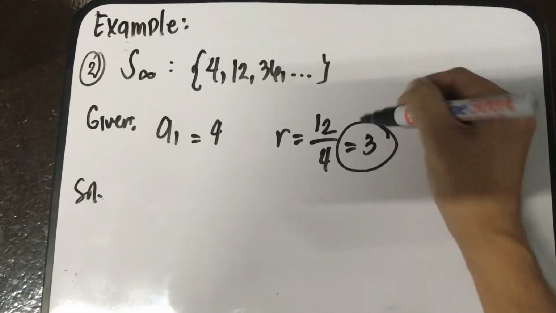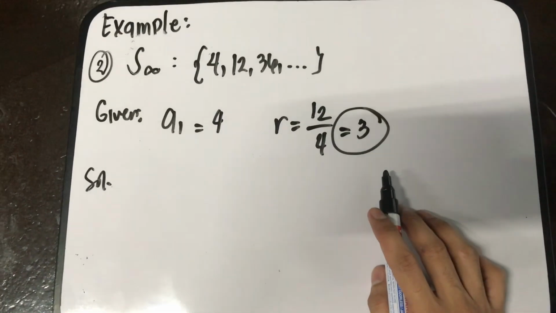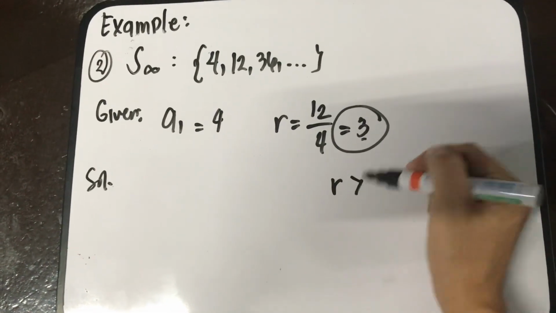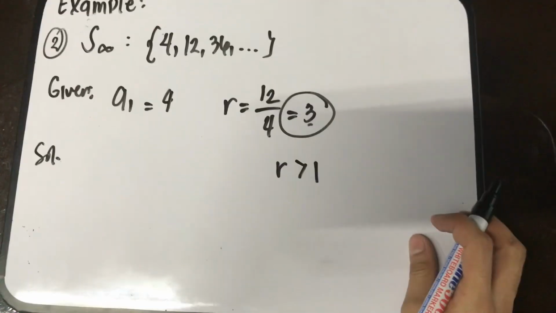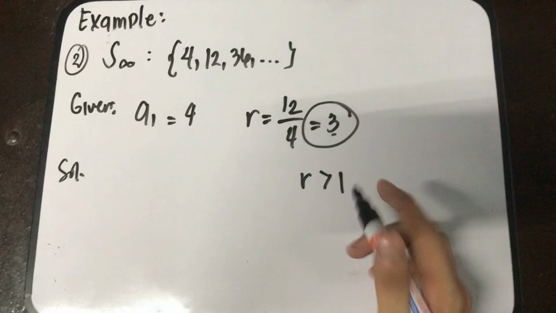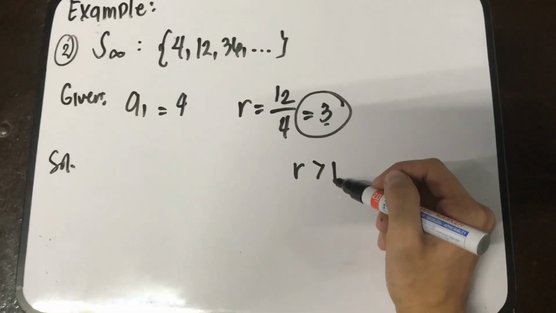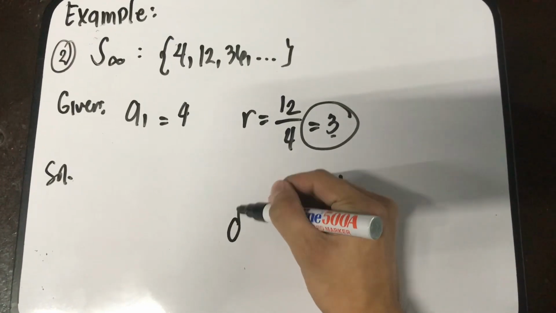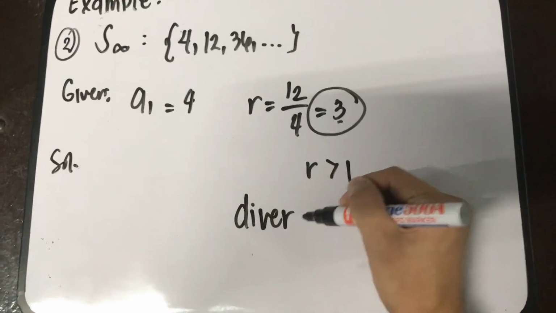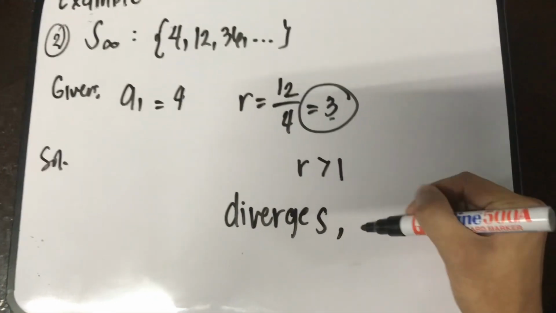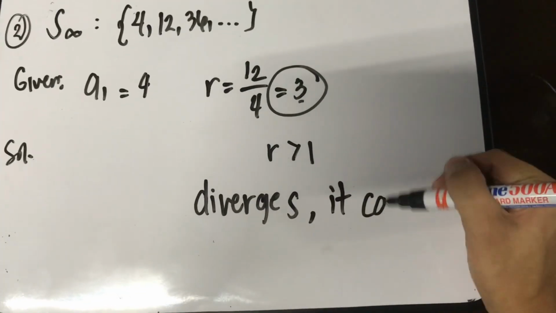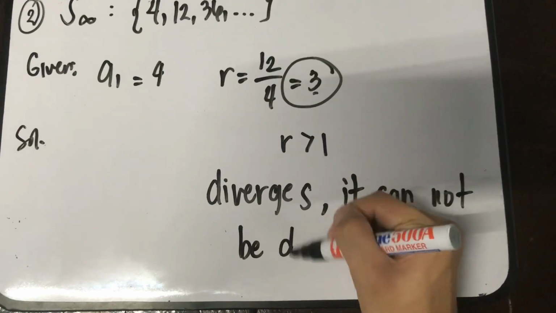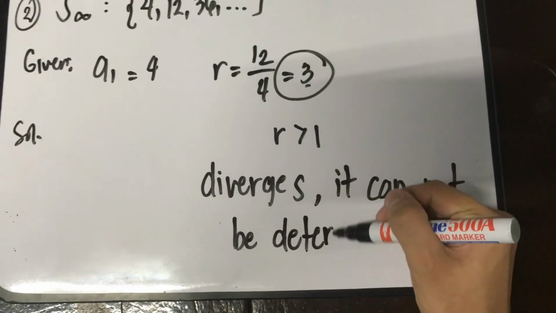Okay? Now, kung mapapansin natin, the common ratio is greater than 1. Okay? So, ang sabi natin, if the common ratio is greater than 1, the series is diverge and it cannot be determined.